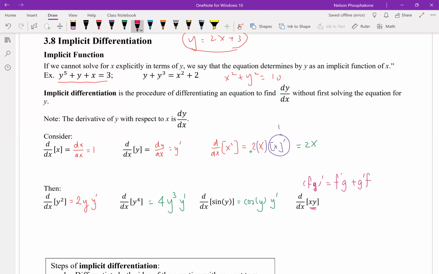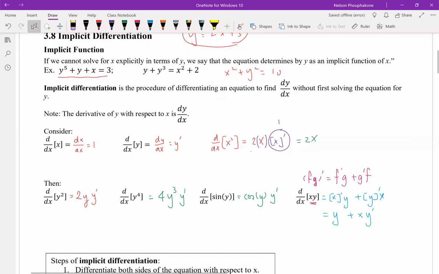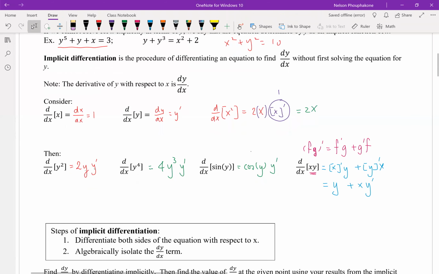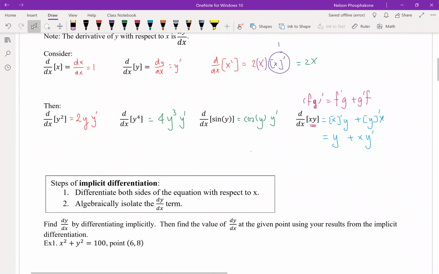So the derivative of x times y is the derivative of x times y plus the derivative of y times x. The answer should be y plus x y prime. If you keep that in mind, then implicit differentiation is not that hard.